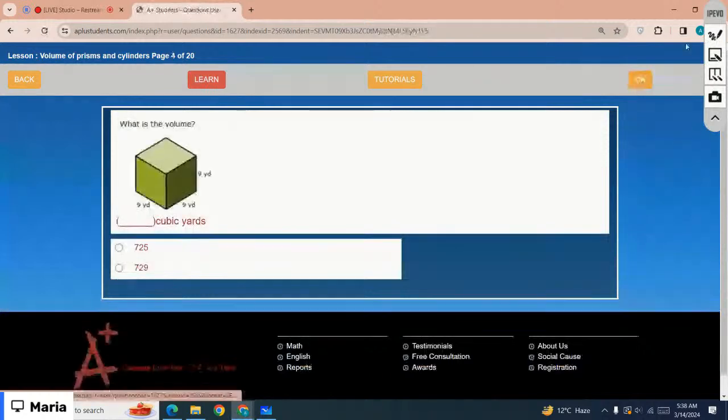Okay, the next one is, what is the volume? So which is the correct option? That is length times width times height. So 9 times 9 is 81, and the correct option is 729. Option number 2 is the correct option.